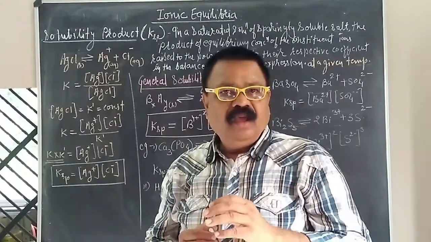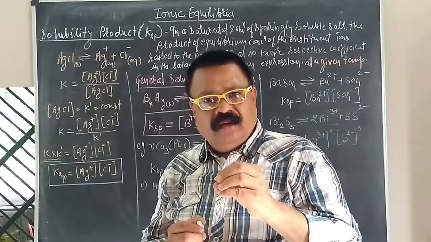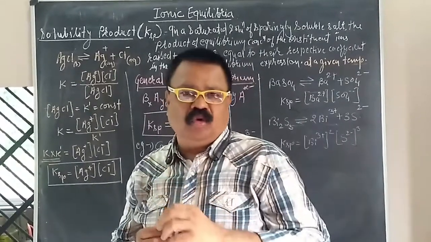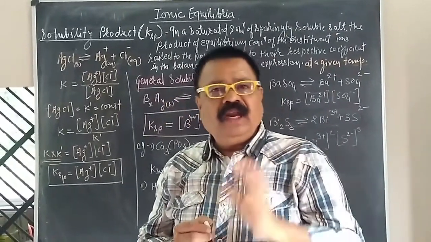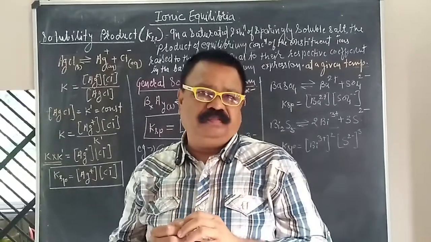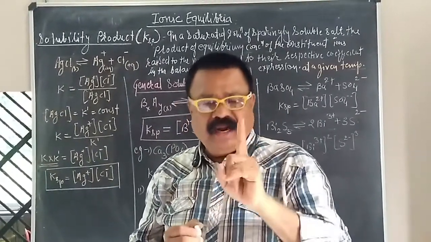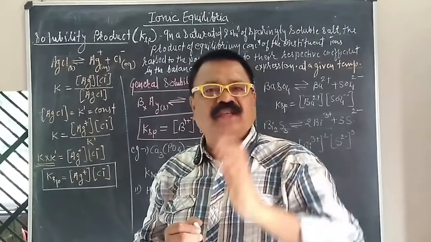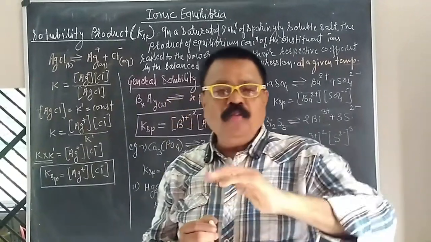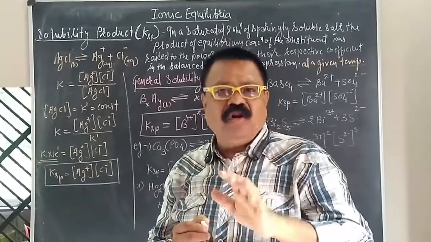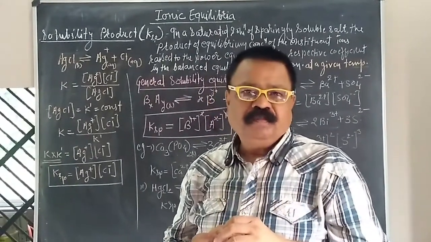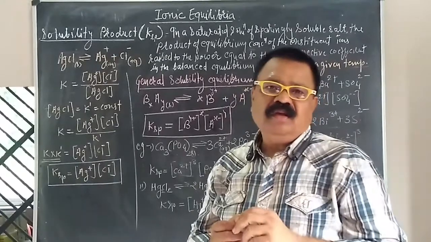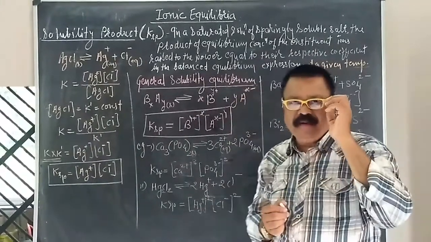But see, when we add another 1 gram of sugar, that will remain undissolved. That means that solution has reached its saturation, no more of the substance will dissolve inside the solution, and that's why it is known as a saturated solution. Clear?